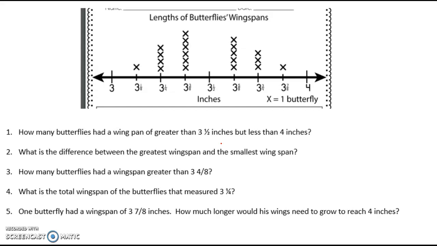All right. I want you to bring your attention to the fact that there's different denominators on this line plot. For example, we have 3 1/2 on our line plot, but we also have 4ths and 8ths. Okay, so why are we allowed to have halves, 4ths, and 8ths?